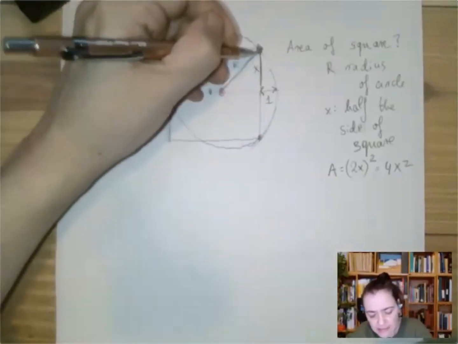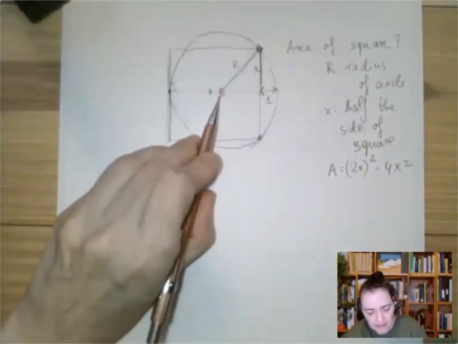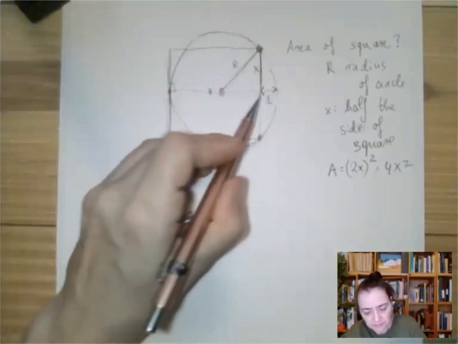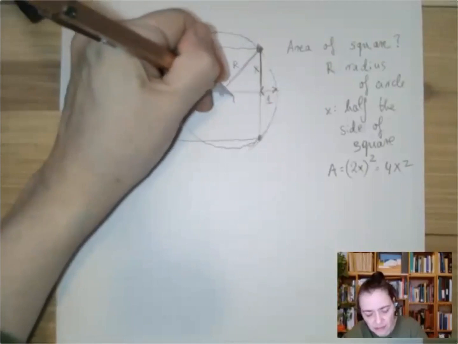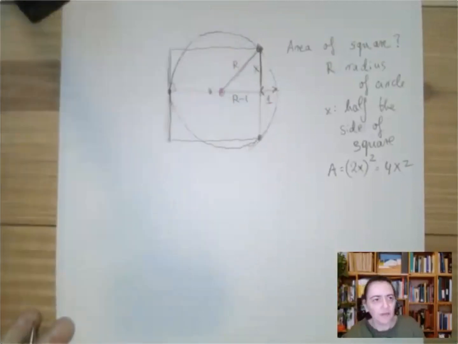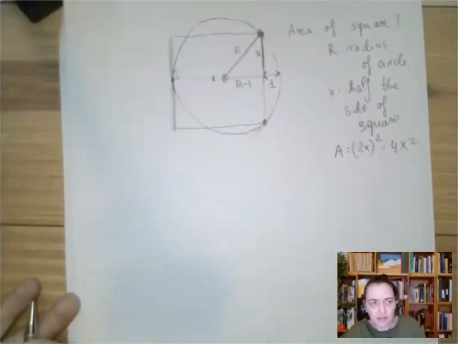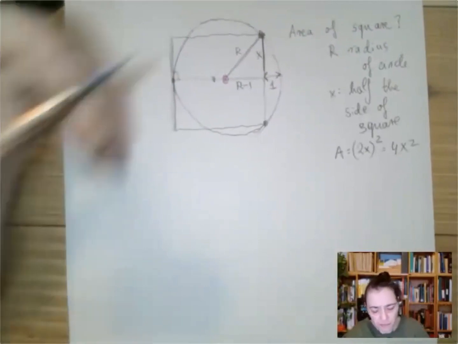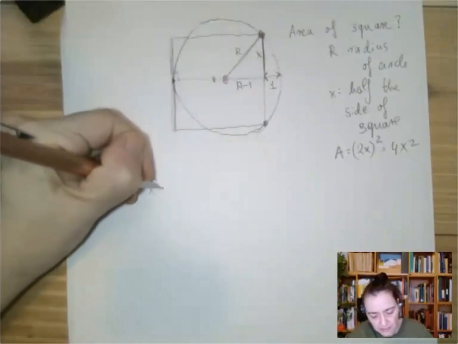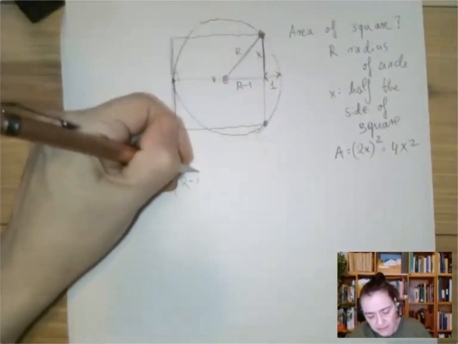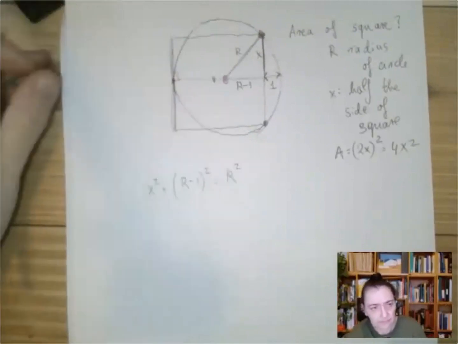And then this is x. And this here is not the radius again, but one less than that, r minus 1. So one equation between x and r would be the Pythagorean theorem stated for this triangle, which is x squared plus r minus 1 squared equals r squared.